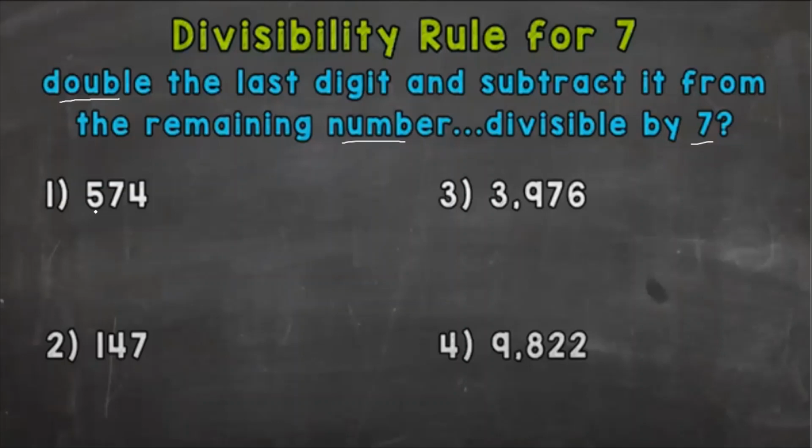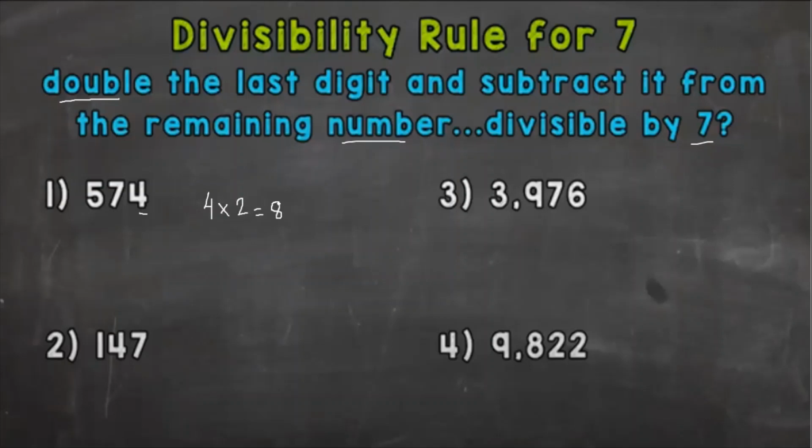We have here number 1, 574. The rule tells us that we need to double the last digit. What is the last digit of 574? That is 4. So we will double the 4. Double the 4 is just like saying 4 times 2, that is 8.